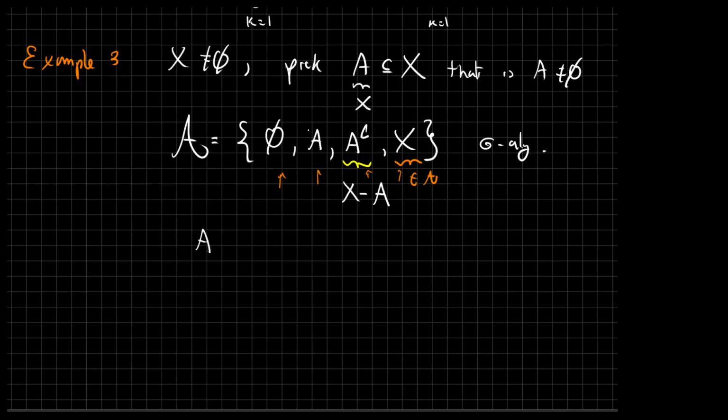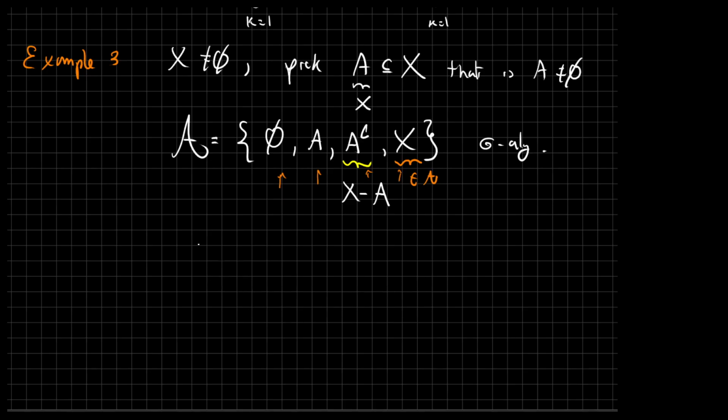From the empty set and the space, it's obvious by the first example that the difference is in A. And what happens when you take the difference between A and its complement, this is A, and the other side is the complement. And what happens when you take the difference between X and A, then the difference is the complement of A. So this is pretty much everything. So yeah, the second property is also met.